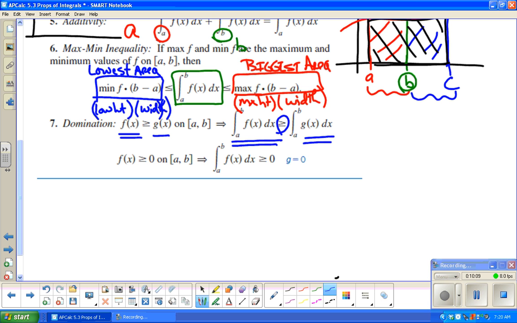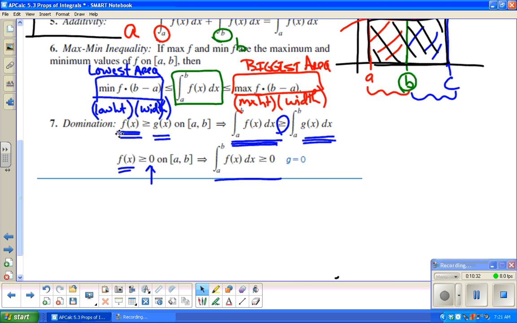I think that's kind of intuitive. If we're talking about the same width, the same a to b, if all these y values are bigger than those y values, then the area is going to be more than that one. Same idea here. If one of the functions is just y equals 0, if this function is always positive, then the area has to be positive. That's really it for that.